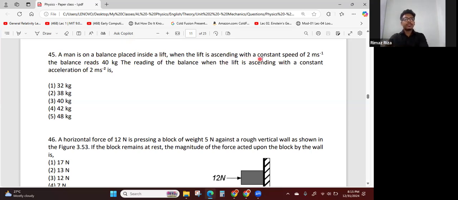When the lift is ascending with a constant speed of 2 meters per second, the balance reads 40 kilograms. What is the reading of the balance when the lift is ascending with a constant acceleration of 2 meters per second squared? Okay.